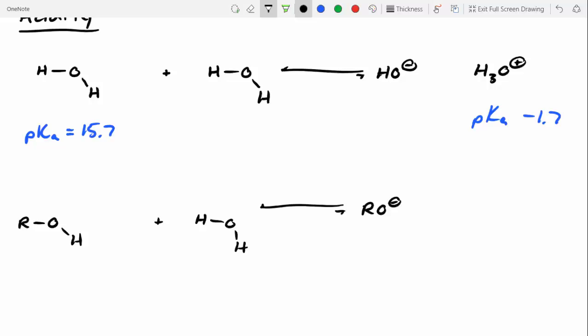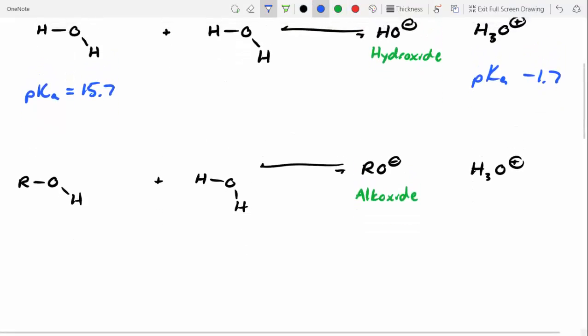And we end up with this deprotonated alcohol, and we end up with a hydronium ion. Up here we call this hydroxide. What do you think we call a deprotonated alcohol? Yeah, an alkoxide. It doesn't really roll off the tongue, but it's the nomenclature. So hydroxide is the conjugate base of water. Alkoxides are the conjugate base of alcohols.